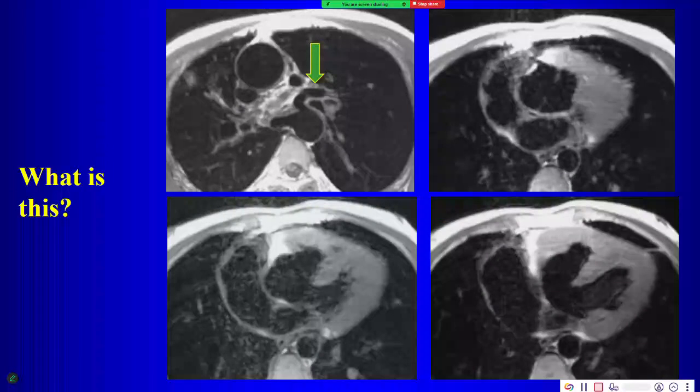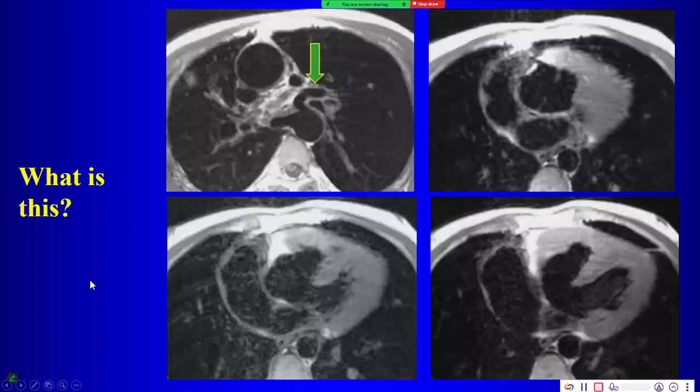So how then does the lung receive blood flow? Well, you might have these dilated vessels here that are coming off of the aorta, supplying the lung. So what are these called? There's a term for these collateral vessels when there's severe pulmonary outflow obstruction that can supply the lungs.